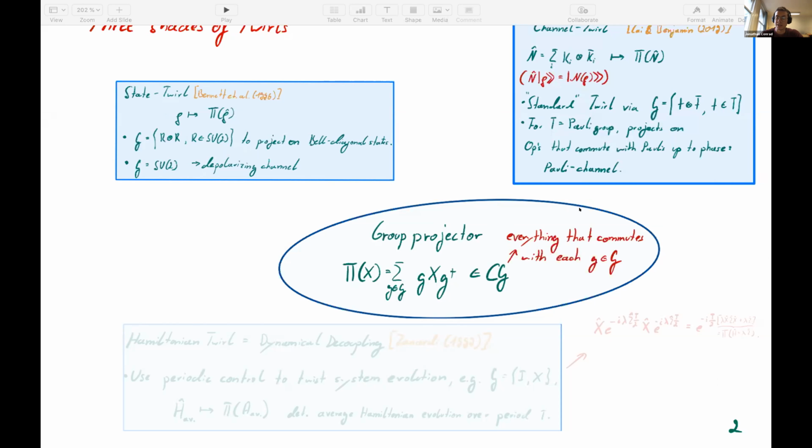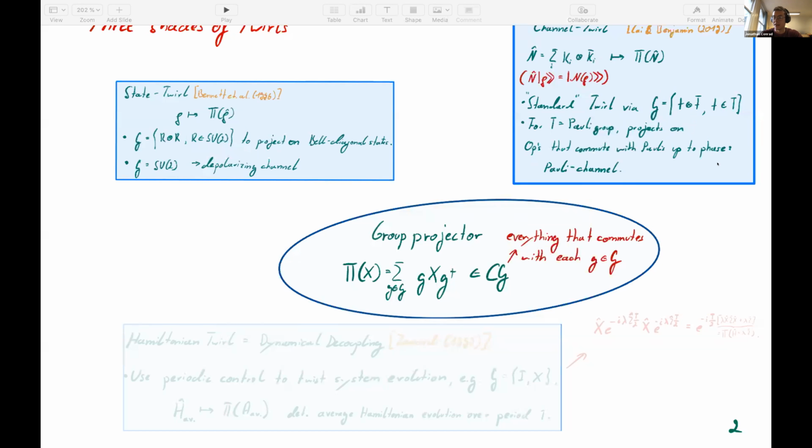In a channel twirl, you essentially apply the same group projector, but now you apply it to the matrix representation of a channel, which acts on supervectors. As an example, if I have some channel that I can write in this form, with some Kraus operator tensor Kraus operator conjugated, and I apply a twirl, say the Pauli group, with group elements that look like Pauli tensor Pauli conjugated, then what comes out will effectively be a channel that has only operators that commute with Paulis up to a phase.